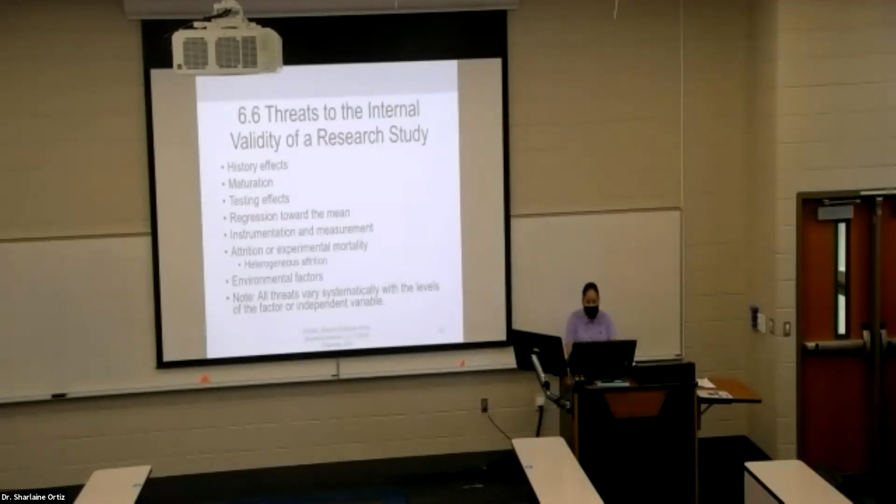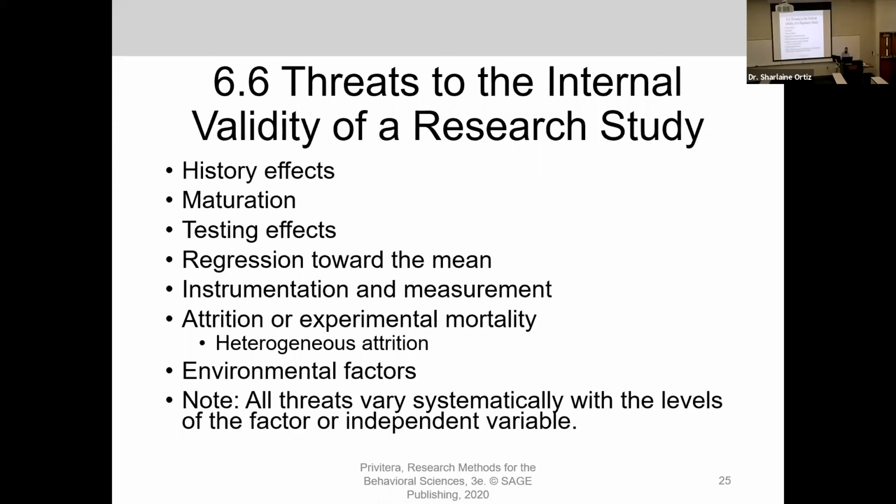Now, we were talking about internal validity. Notice that there are threats, there are issues that may arise when you're trying to keep that internal valid research world, when you're trying to keep those conditions controlled. There are some issues that could arise because of naturally occurring events.